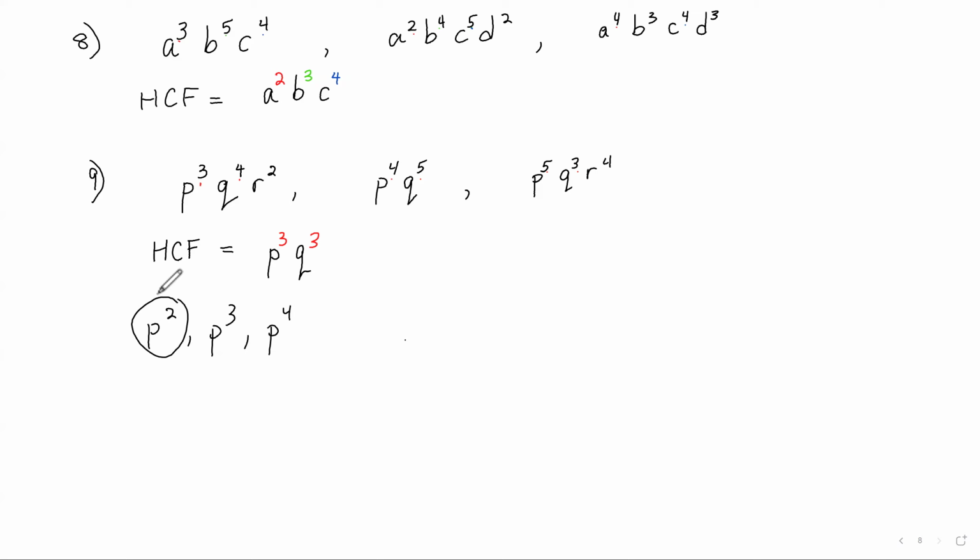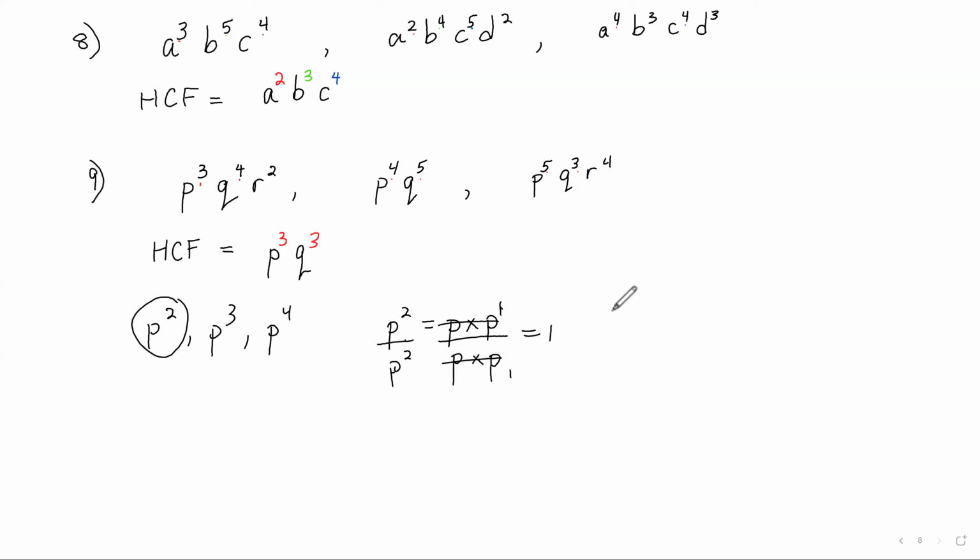If we divide p squared, p cubed, and p to the power of 4 by p squared, look what would happen. P squared literally means P times P. So if I'm dividing P squared by P squared, I will have P times P divided by P times P. That's what I will have, and this will cancel with this, so this would actually be equal to 1.